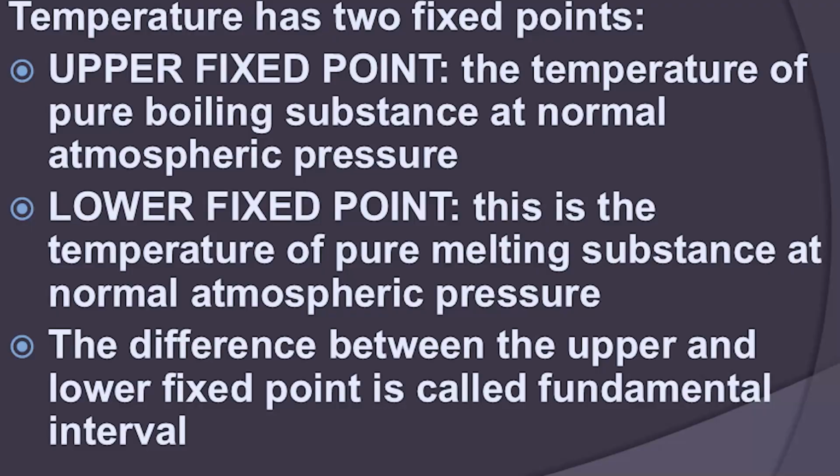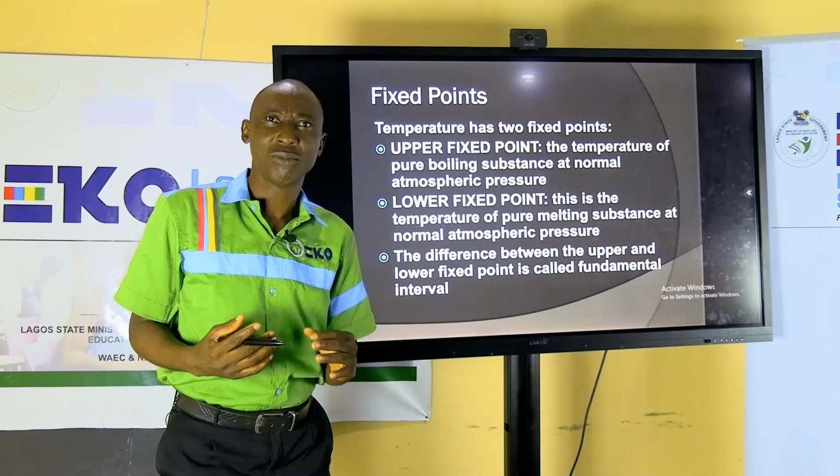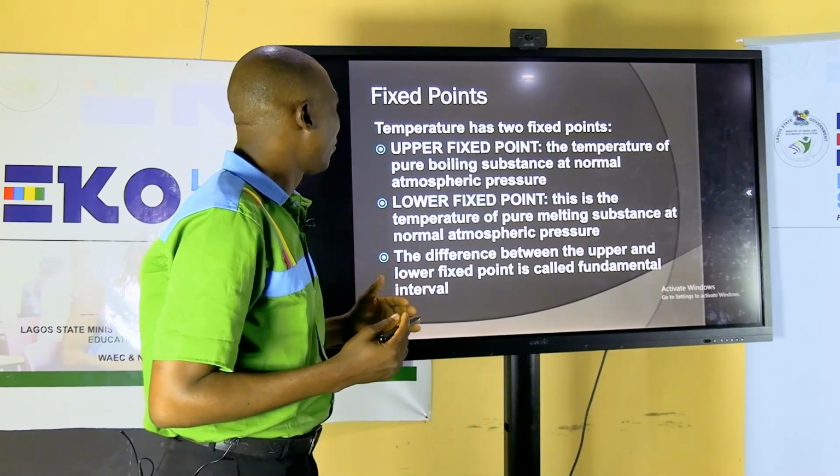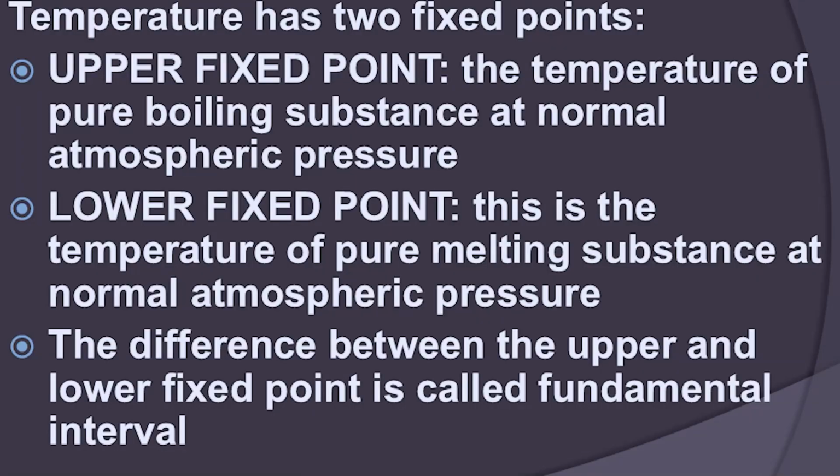It is the temperature of pure boiling water at normal atmospheric pressure, while the lower fixed point is the temperature of pure melting ice at normal atmospheric pressure. We said the upper fixed point is the temperature of pure boiling water at normal atmospheric pressure, while the lower one is the temperature of pure melting ice at normal atmospheric pressure.